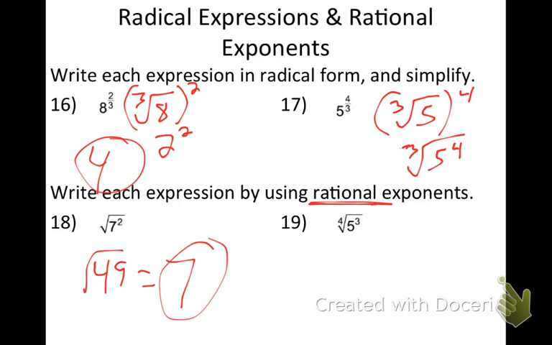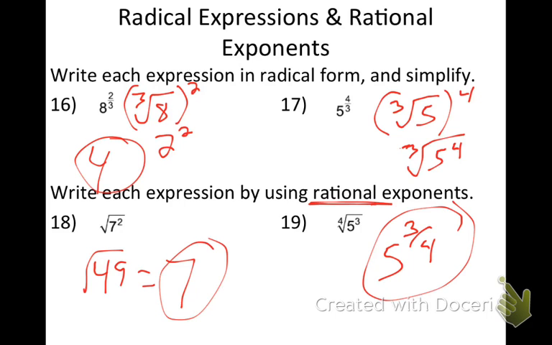Rational number means it's usually a fraction. So a rational exponent means it's a fraction. To write that as a fraction, my root goes to where? My denominator, right? So to write this as a fraction, you would say 5 to the 3/4 power.